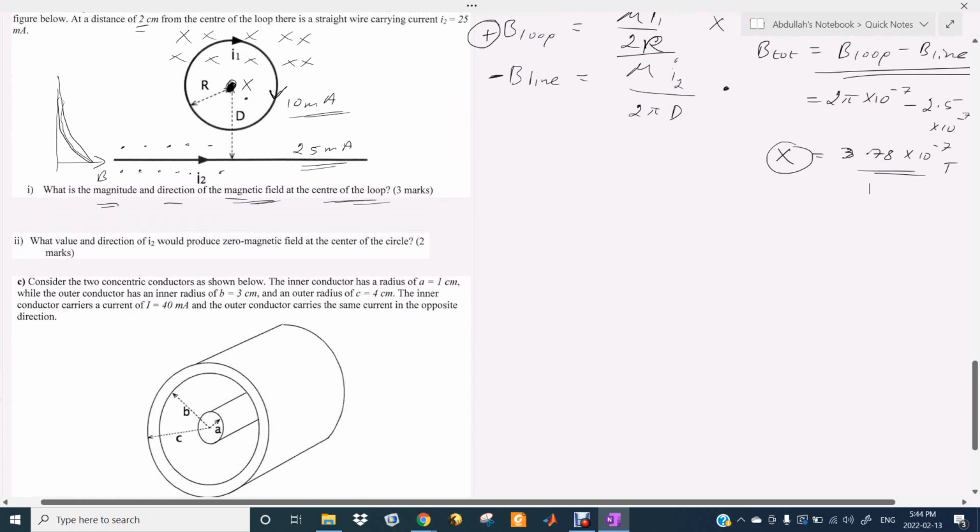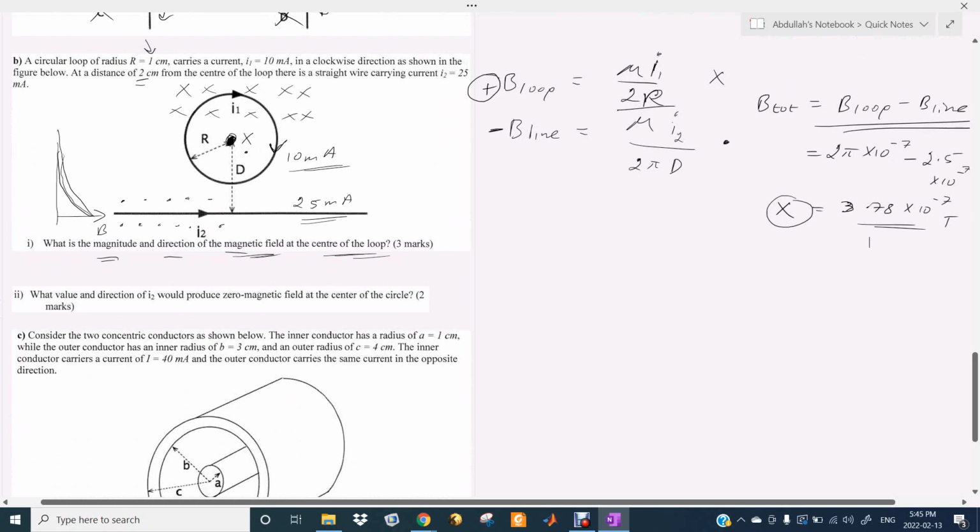For part B2, it says what value and direction of I2 would produce zero magnetic field at the center.